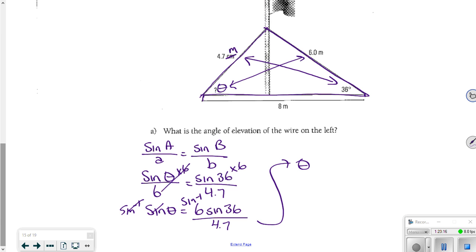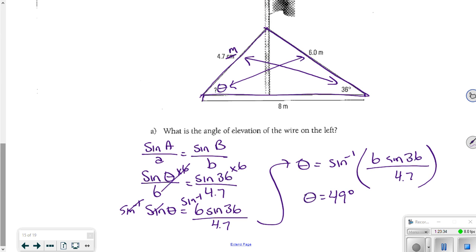So our angle equals the inverse sine of 6 times sine 36, all divided by 4.7. So our angle is 49 degrees. Okay, looking at it as if it's one big triangle, we can solve for that other angle of elevation.